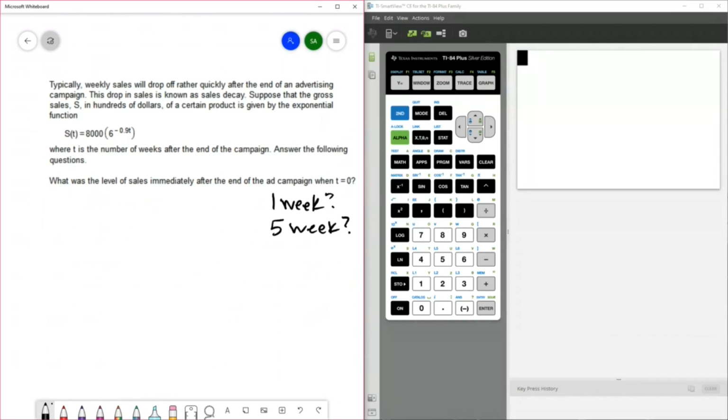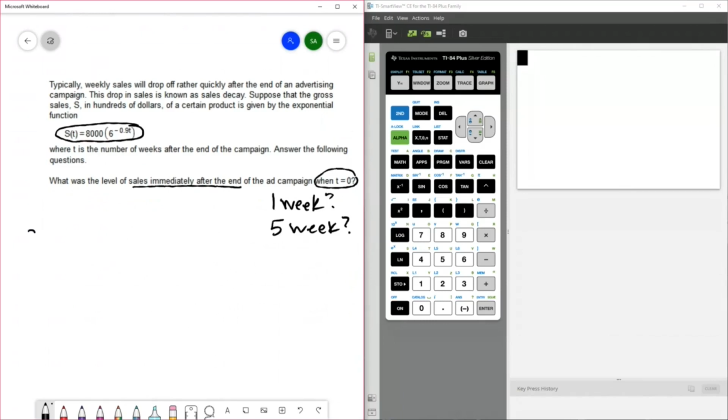So this function, S of t equals 8,000 times 6 to the negative 0.9 t, is modeling the sales at a given time.